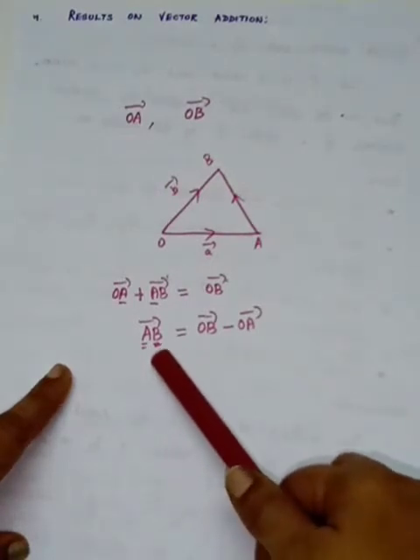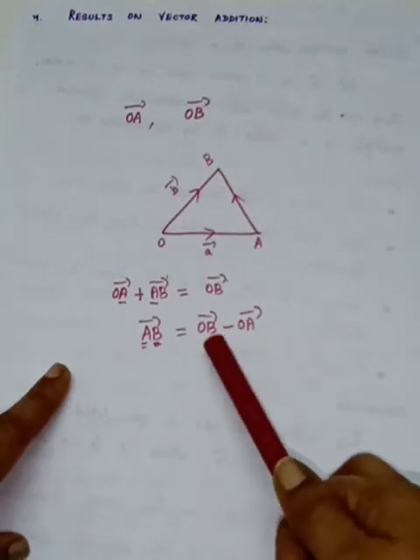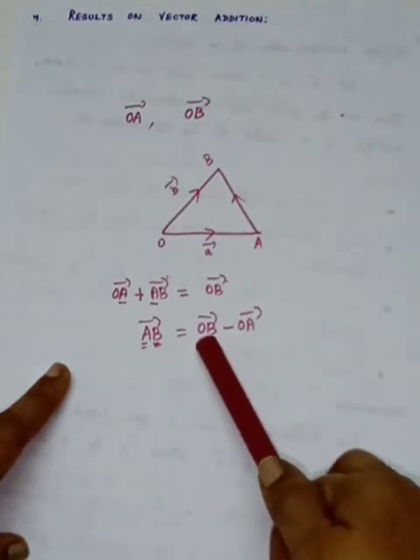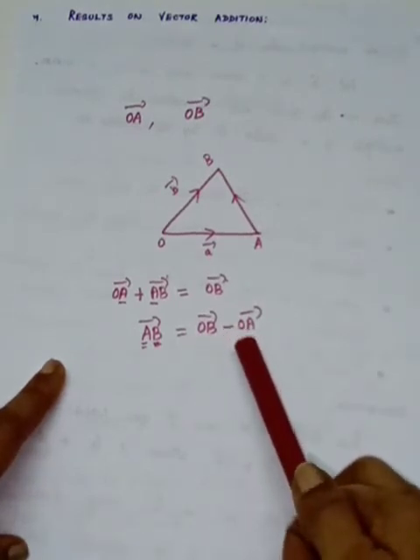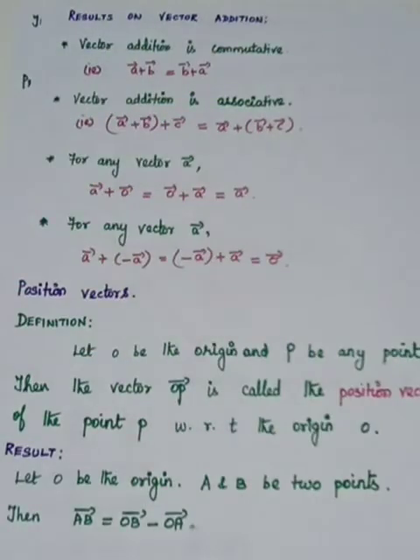So AB vector can be written as OB vector minus OA vector. That is, the position vector of the second point minus the position vector of the first point. That is the result given. Let O be the origin, let A and B be two points. Then AB vector can be written as OB vector minus OA vector. This is a very important result.